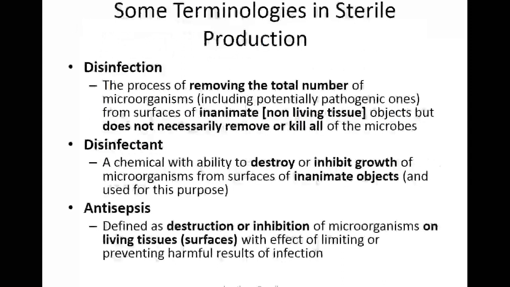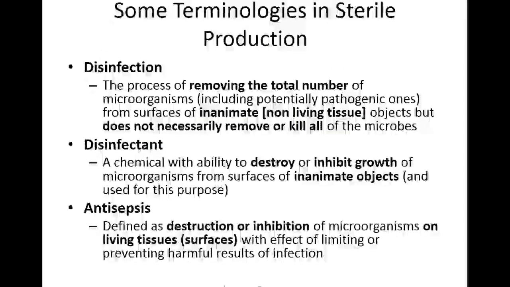And there is some terminology that we are supposed to be reminded of. For example, disinfection, we know, is the process of removing or killing a total number of microorganisms, including pathogenic ones, from the surface of inanimate or non-living objects, but it does not necessarily remove or kill all of the microbes.